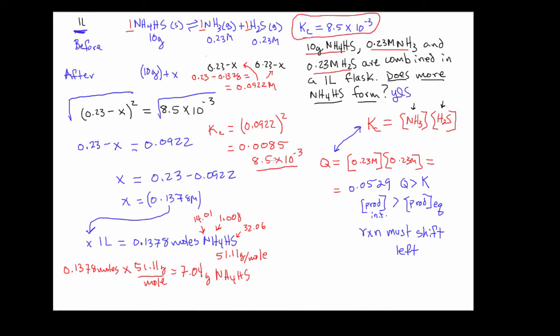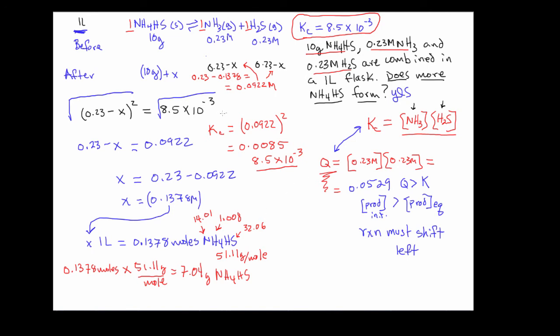All right, so this example was designed to draw in several concept areas. The first being a heterogeneous equilibrium, where the K expression only includes the things that are not solids and liquids. We had to find a Q value so we could determine which way the reaction was going to shift to reach equilibrium, because we were given initial quantities of the relevant components.